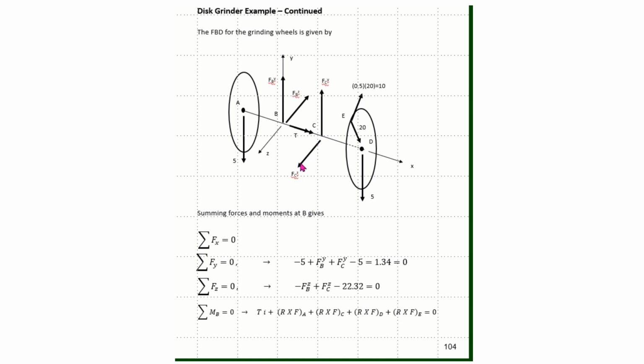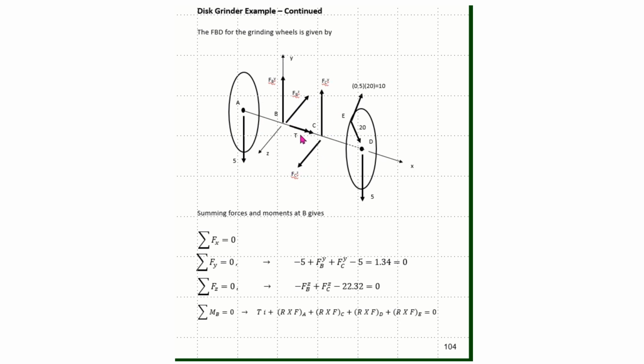And again, since we want zero moment, I know that the moment needs to be 0 here at point C. And if this is trying to rotate me around Y like this, then I know that this force at point B will be going in the opposite direction. So I have these assumed loads.